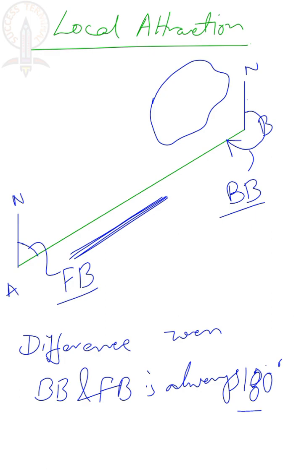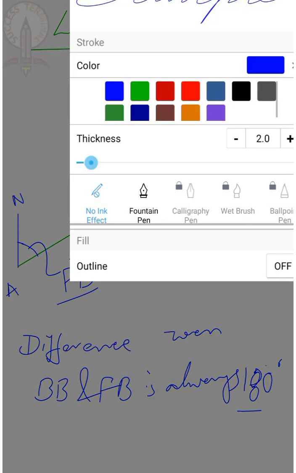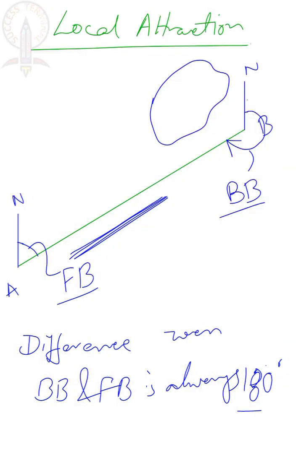Here the north will be deflected slightly towards the direction of the magnetic substance. It's quite obvious. So let's deflect the line. This will deflect in this way. Now this whole angle becomes your back bearing.